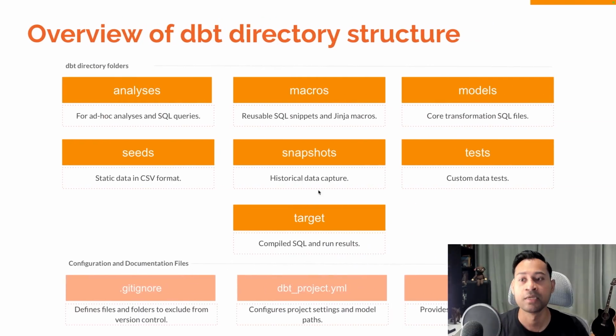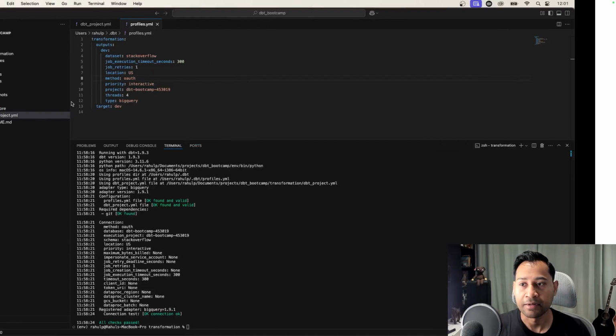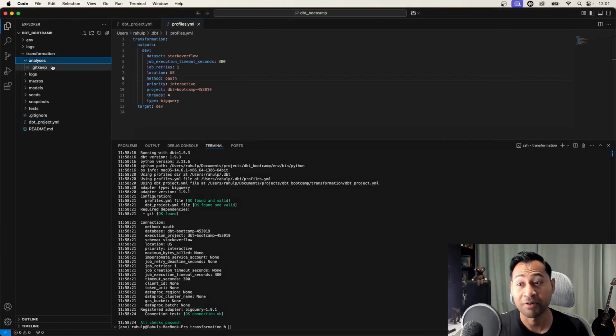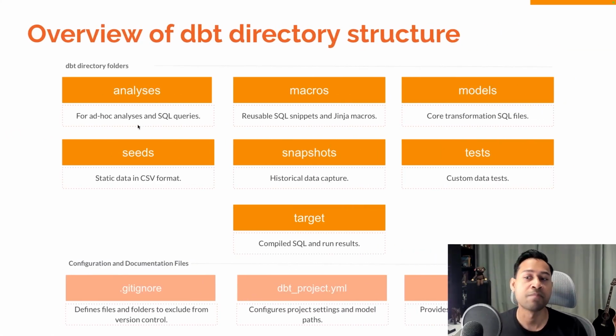Let's go back to this. So we have a couple of folders. Let me just very quickly go through them. We have a folder called analysis, and you can see it here. Currently, we don't have anything because we haven't created much in here. The analysis folder, as it suggests, is for ad hoc analysis and SQL queries.